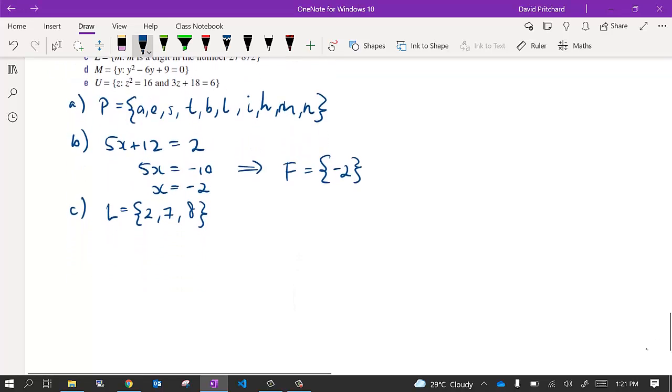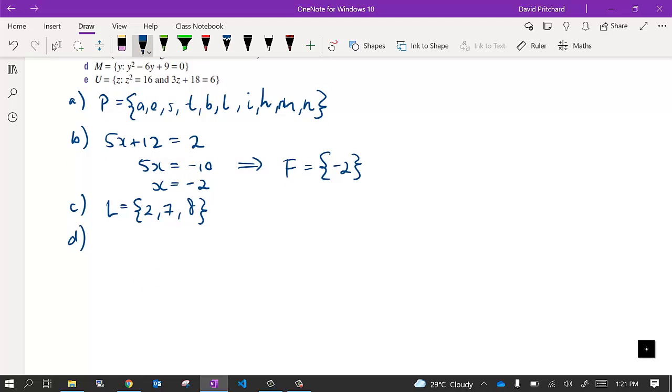When we look at D, we've got set M and we've got y such that y squared take 6y plus 9 is equal to 0. Now, we know that that's quadratic, and possibly some of you can see that that's a perfect square. If not, I'll take the A, C, and B decomposition approach. AC is 9, B is negative 6, we're using negative 3 by negative 3, and negative 3 plus negative 3.